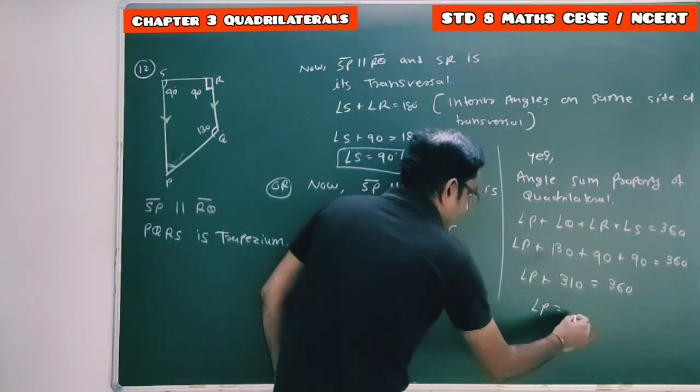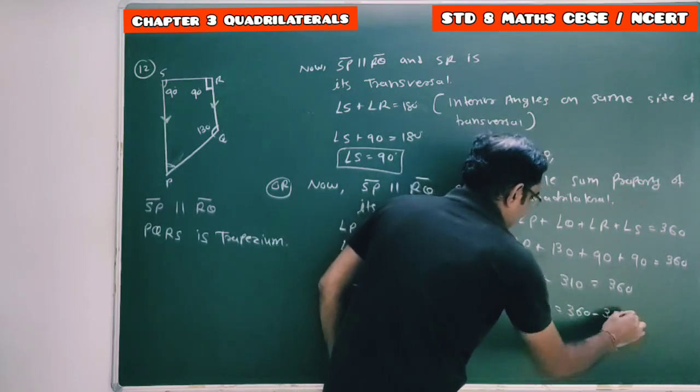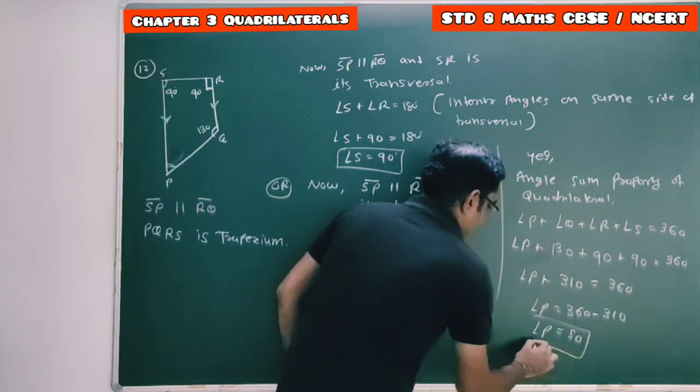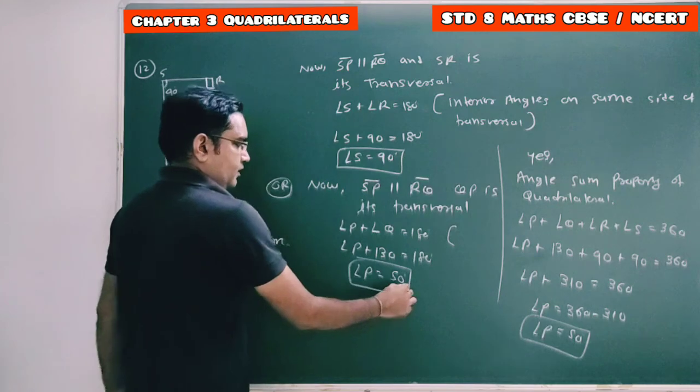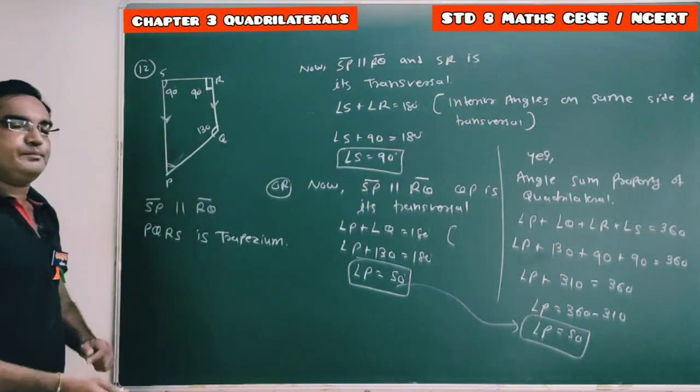So again we get angle P equal to 360 minus 310. So angle P is 50 degrees. Done. So this is another method by which we can find the value of angle P.